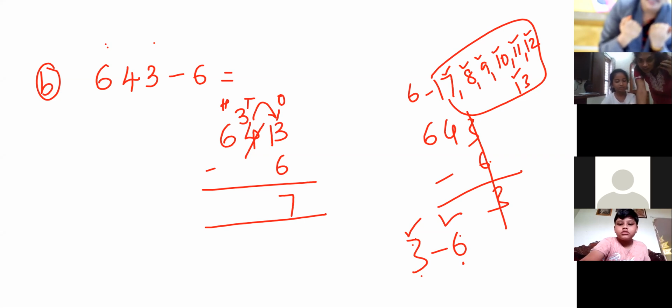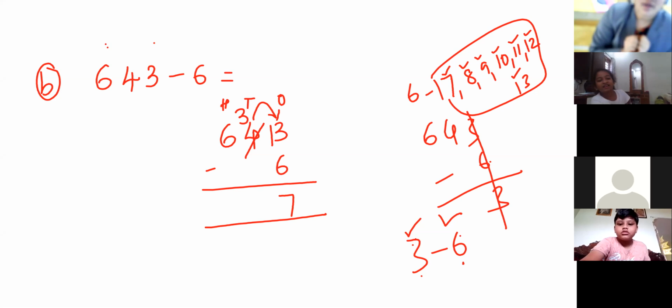Take the smaller finger first from the right hand onwards, okay? 6 after 7, 8, 9, 10, 11, 12, 13. How many fingers have I opened? Now you start counting these fingers. 1, 2, 3, 4, 5, 6, 7, right? Like this way you can count 7.